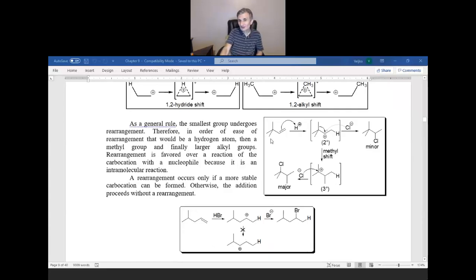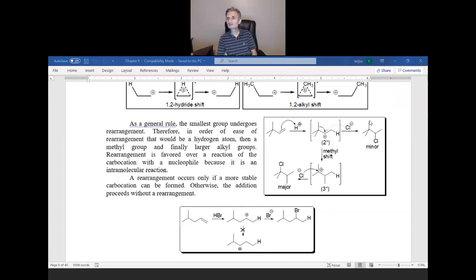In case of compound like this, 3,3-dimethyl-1-butene, upon protonation, secondary carbocation forms. Now that secondary carbocation, if reaction is, let's say, with hydrogen chloride, you may expect, based on what you learned so far, that secondary carbocation would combine with nucleophile, chloride ion, to give 3-chloro-2,2-dimethylbutane.